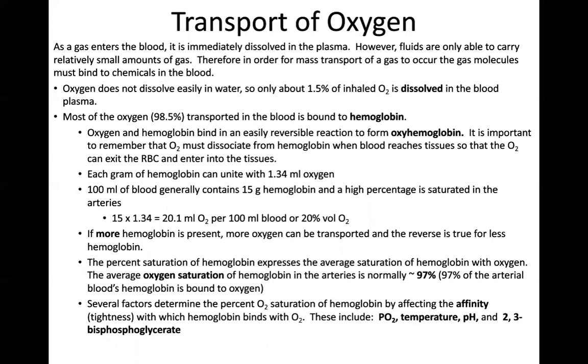It's a reversible reaction, meaning we can form oxyhemoglobin by bonding that oxygen to hemoglobin. But then when we get to the tissues, we must release it. And when I say release, a better term for that is dissociate. So it's important to remember that O2 must dissociate from hemoglobin when blood reaches our tissues so that oxygen can leave the red blood cell and then enter the tissues.